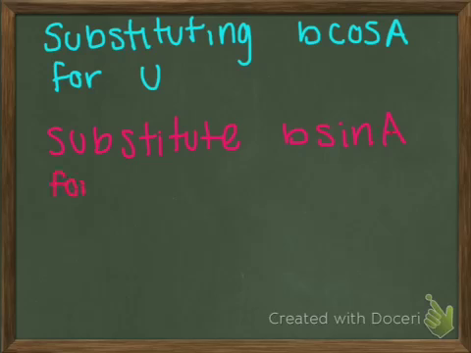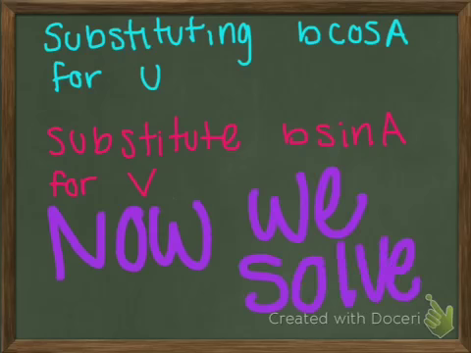Well, you have u minus whatever, and so you would substitute the b cosine a for u, and then where you have the v minus 0 in the second part of the equation, you would substitute the b sine a for the v. And now we solve.